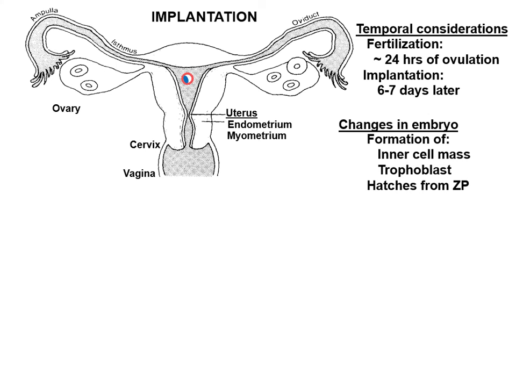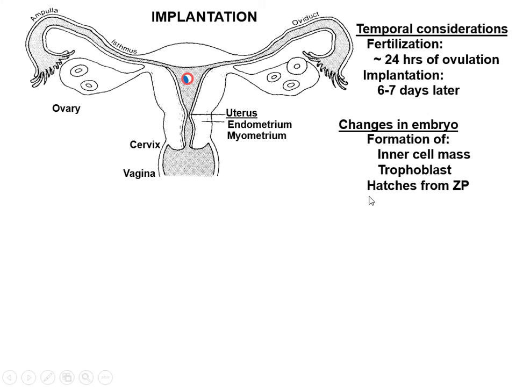It basically forms two different types of cells: the inner cell mass, that's going to become the developing fetus, and the trophoblast, which is the outer layer, sort of this salmon colored here. And the trophoblasts are the cells that are going to interact with the uterine endometrium during the process of implantation and help form the placenta.